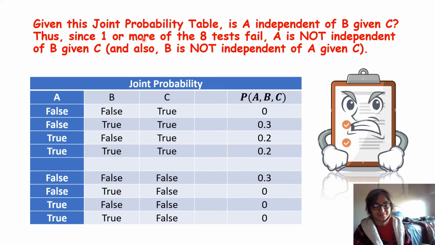Thus, given this joint probability table and the calculations that I just showed you for those 8 tests, A is not independent of B given C, which is equivalent to saying that B is not independent of A given C, since one or more of the 8 tests that we had failed. So that's how you can find conditional independence.